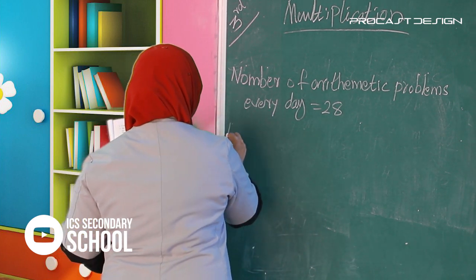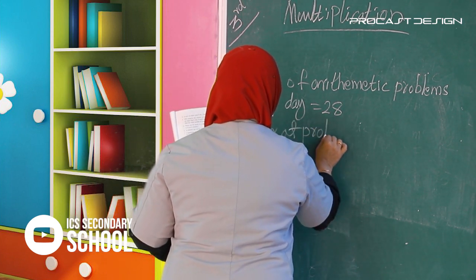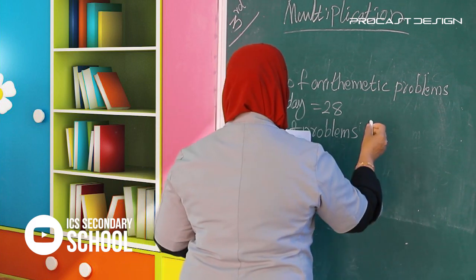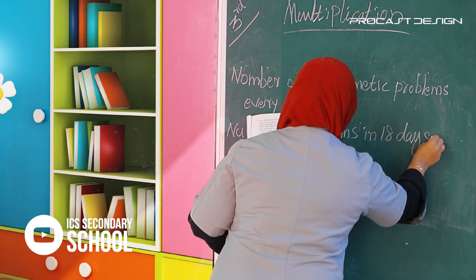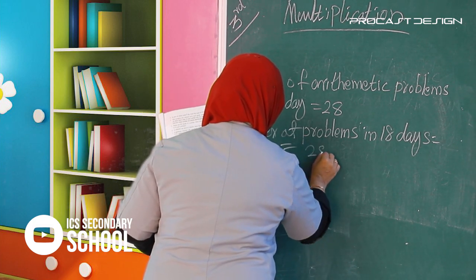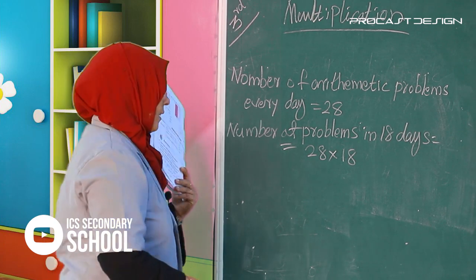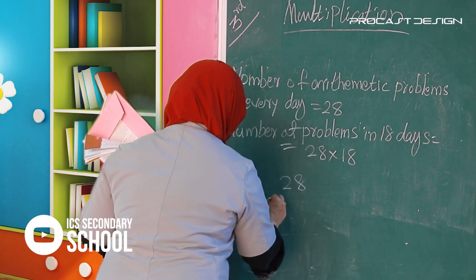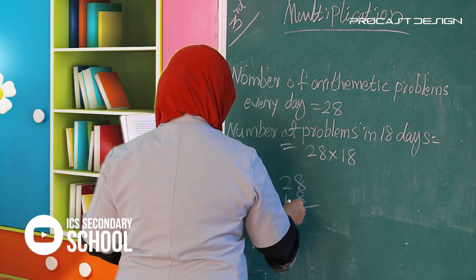Number of problems in 18 days equals 28 into 18. 28 into 18. Listen.